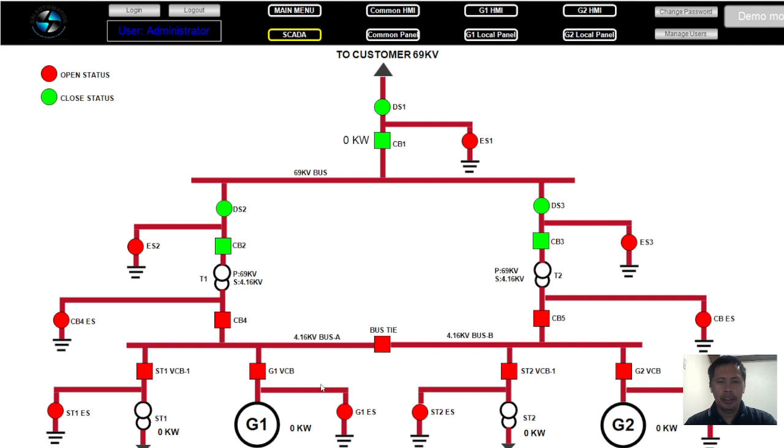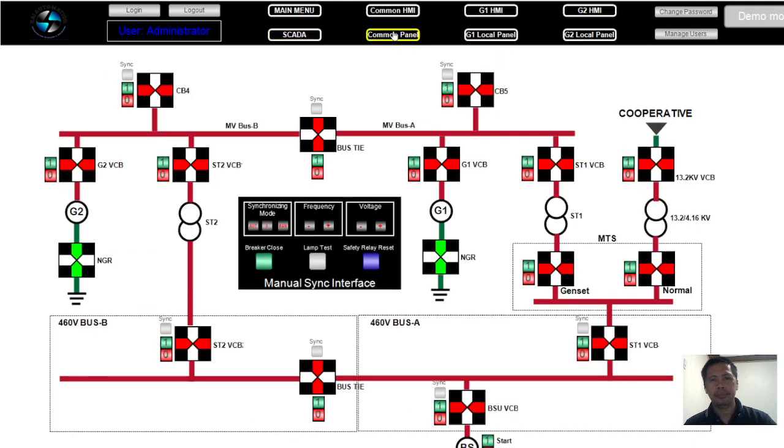The medium voltage switchgears can be found here at the common panel. So now I will continue. We will close this. As you can observe, when we close this breaker, these lines are turning to green.